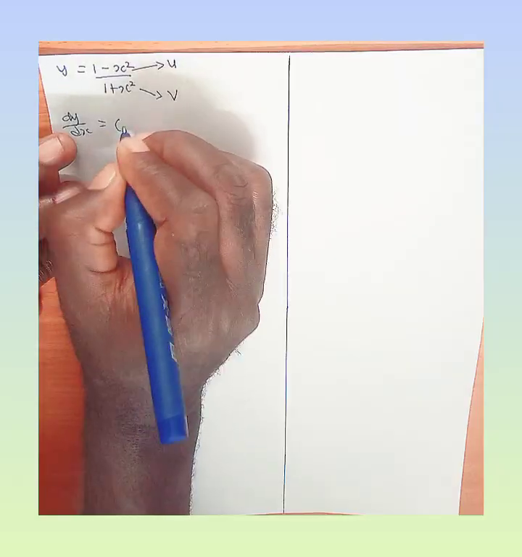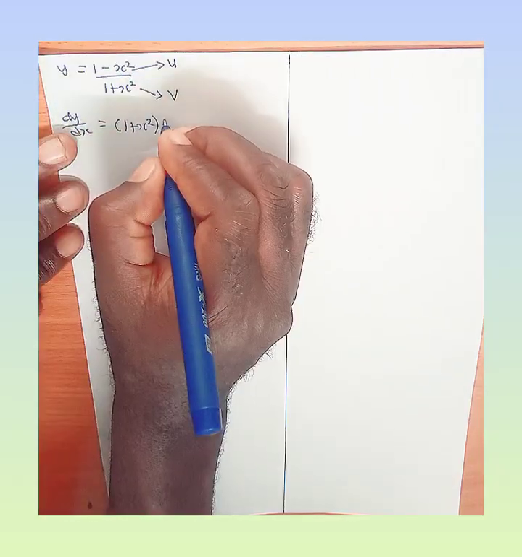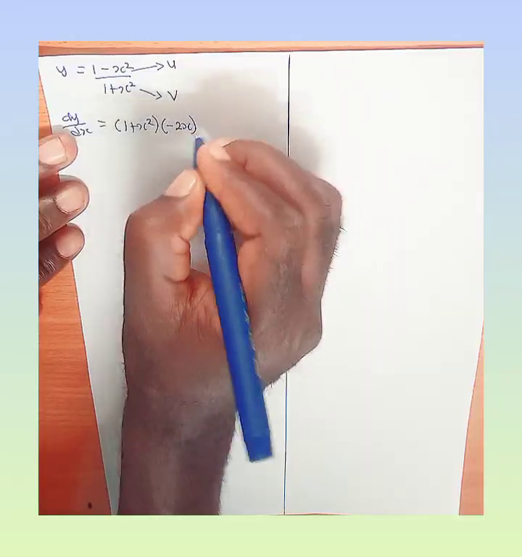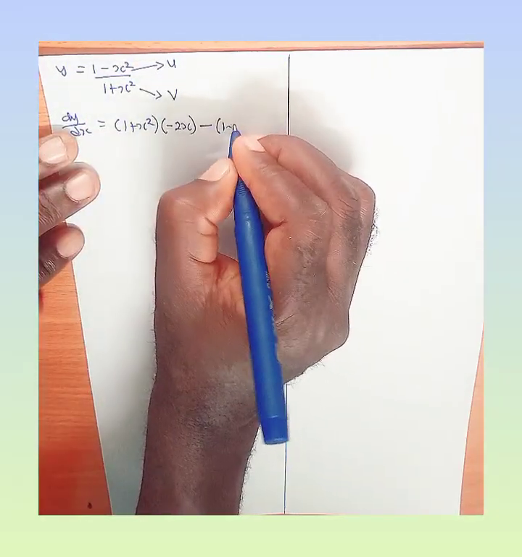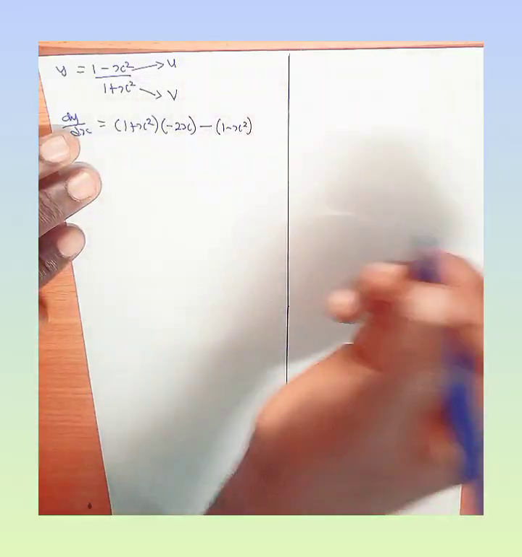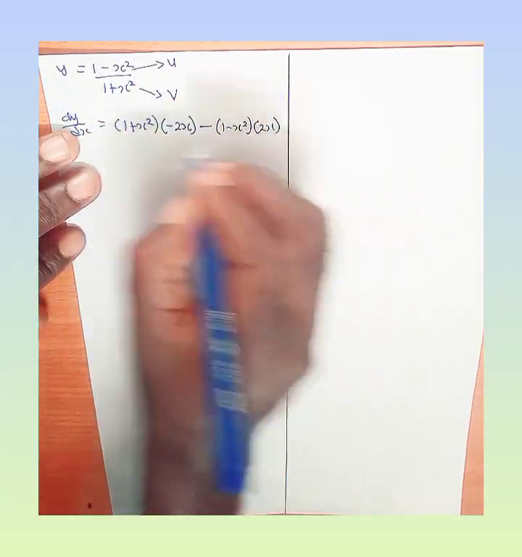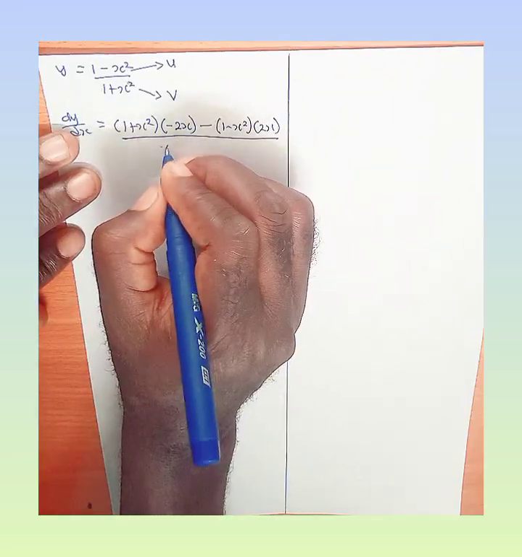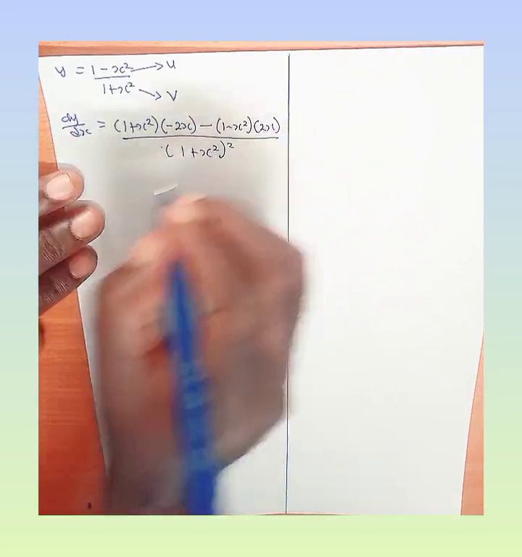Our v is 1 plus x squared. Then du/dx, when you differentiate this one, it will give us minus 2x. Then minus u, our u is 1 minus x squared. Then dv/dx, you differentiate v, which is 2x. Then everything over v squared, which is 1 plus x squared, then you square it. Then we now simplify.